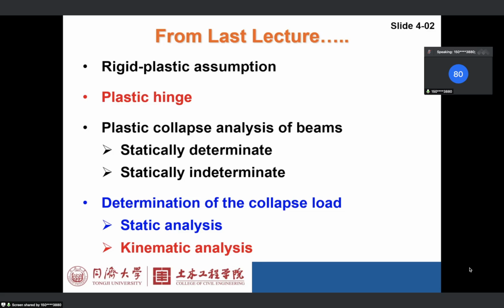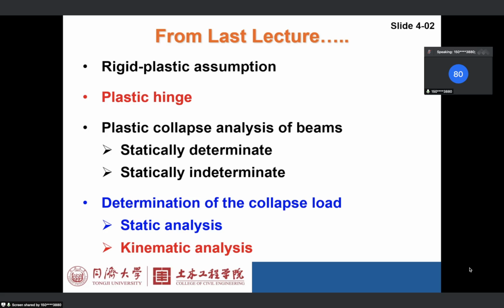However, for more complicated cases, for example, a beam under a complex distributed load, UDL, uniform distributed load, sometimes it is difficult to give the exact location of the plastic hinges, right?